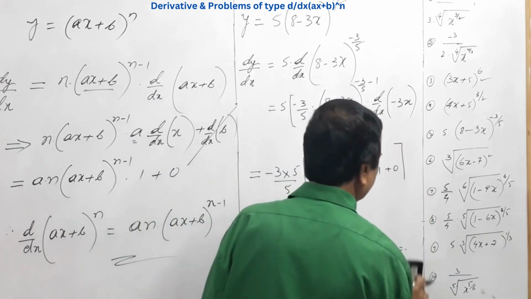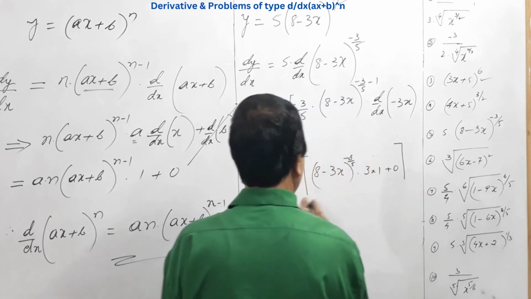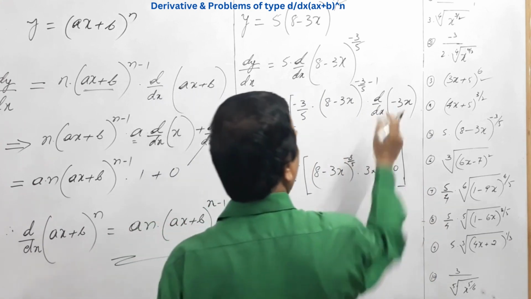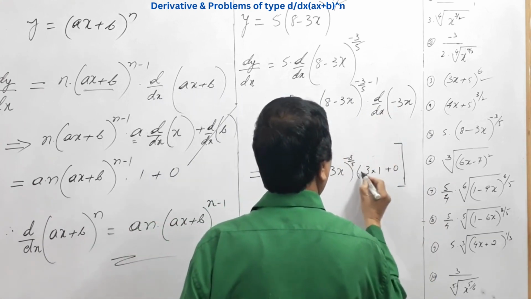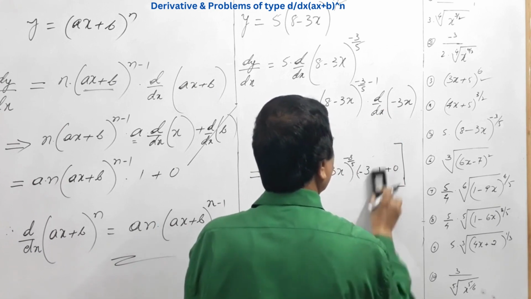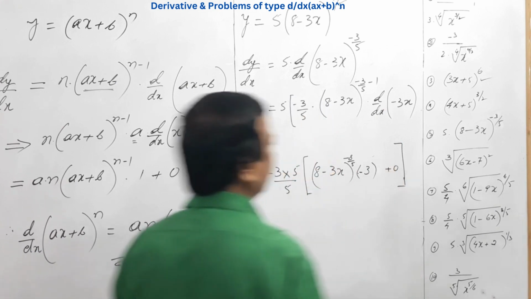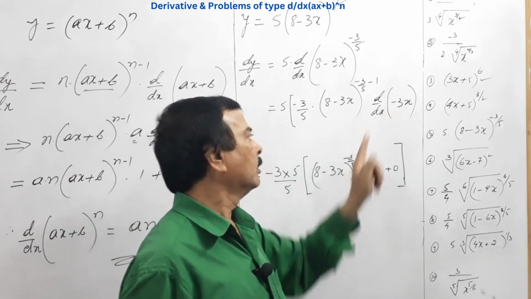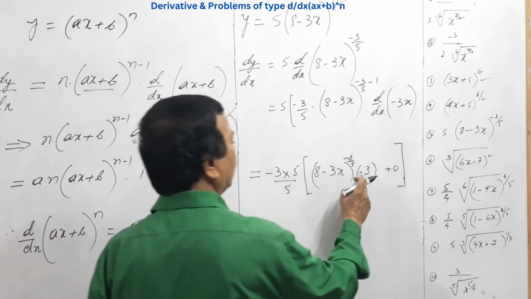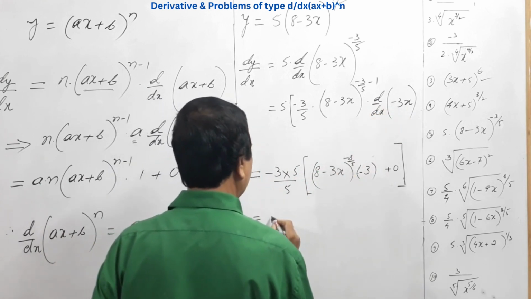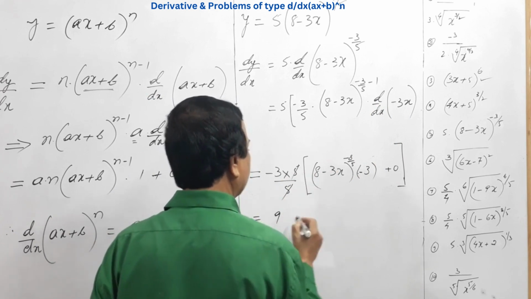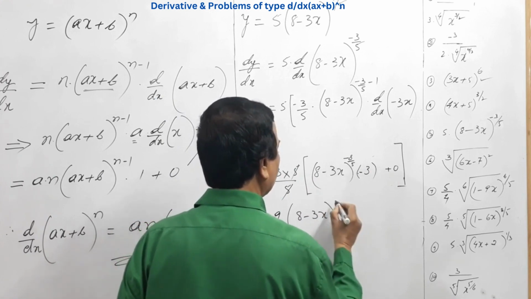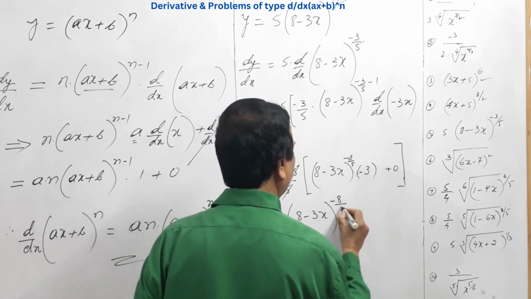We have 1 3 here, so this is minus 3. d by dx of 3x once you take, you will have minus x, so minus x becomes 1. So minus 3 is this. I will multiply minus into minus. This becomes plus 9. This 5 cancels. You get 9 into (8 minus 3x) to the power of minus 8 by 5.